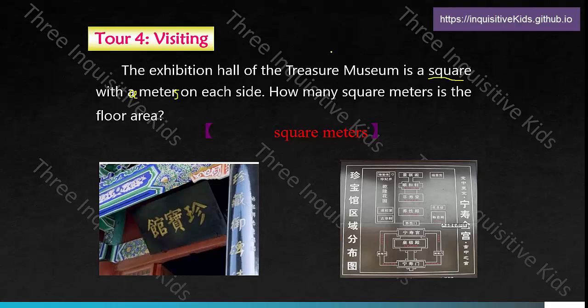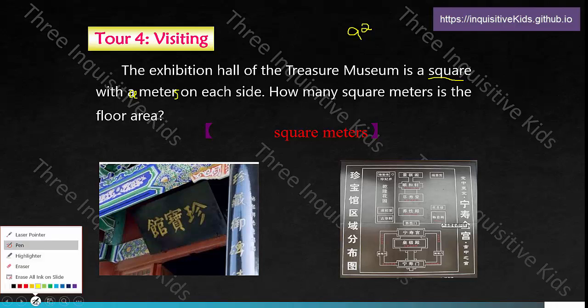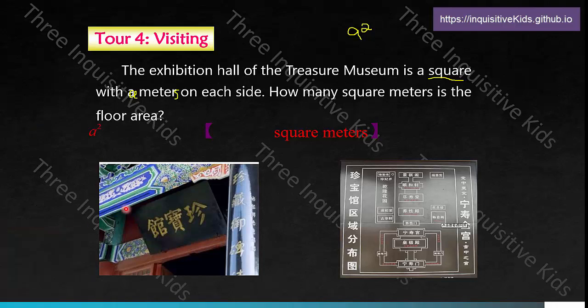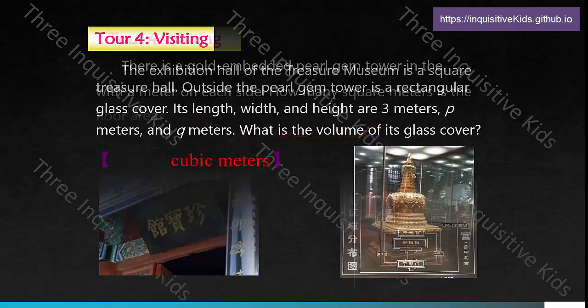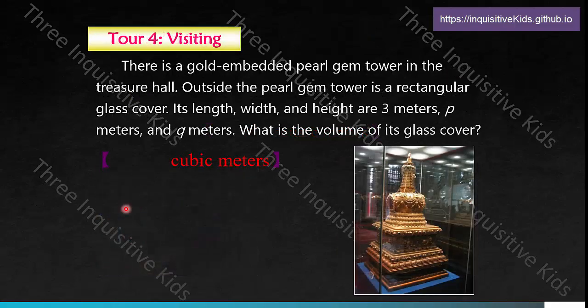So that's basically a times a. But remember, if it is the same value multiplied by itself, it's basically that value squared. And that is the answer: a squared square meters.